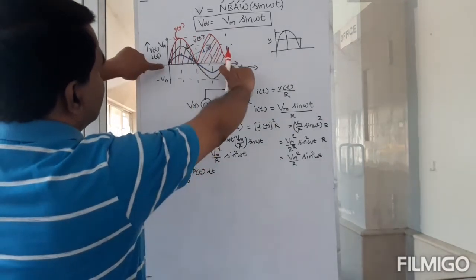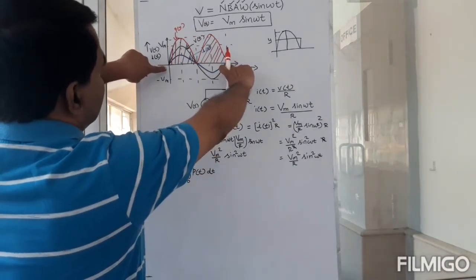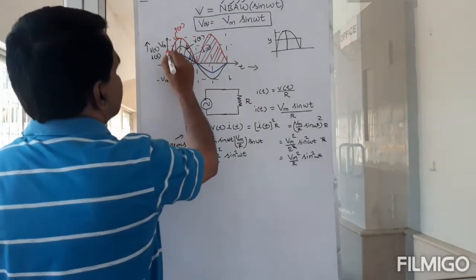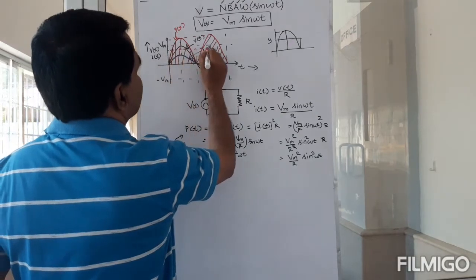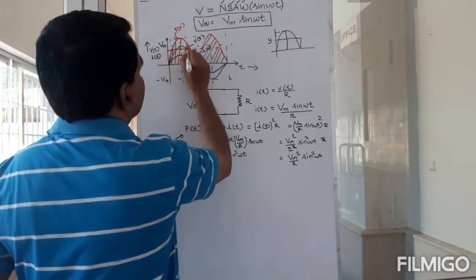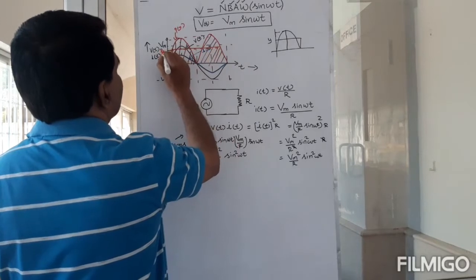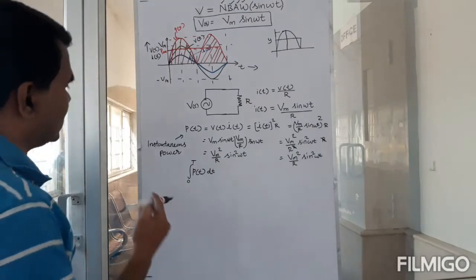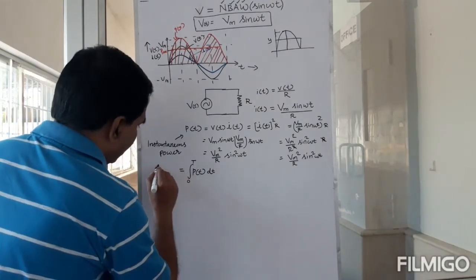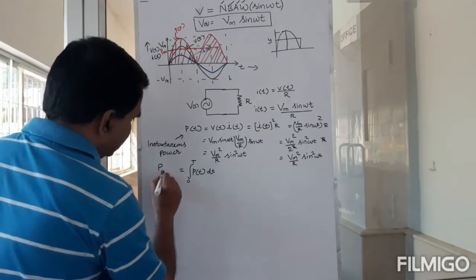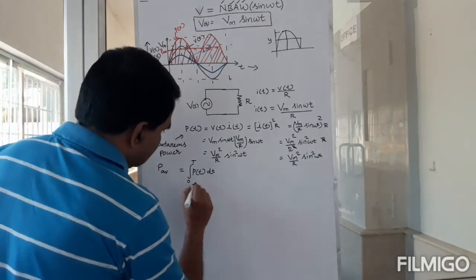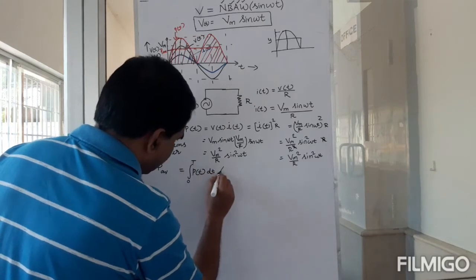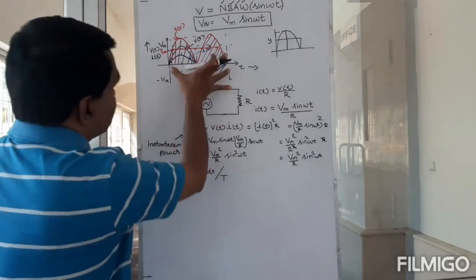And if I divide that by the total time, the period of this, then I will get the average, this is going to be my P average. So that is exactly what I'm going to do. My average power P is equal to this area divided by the time.